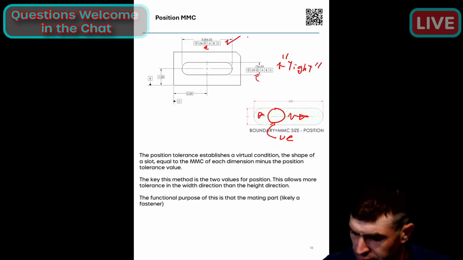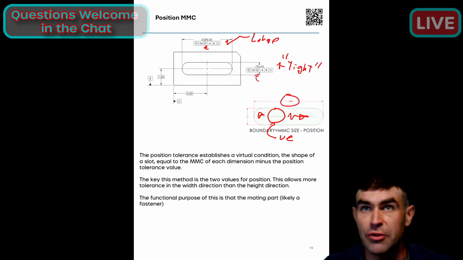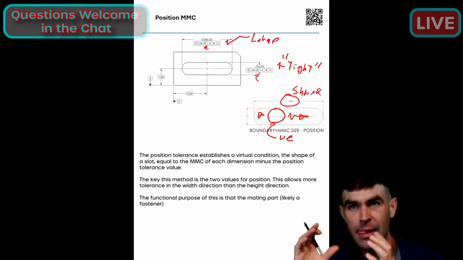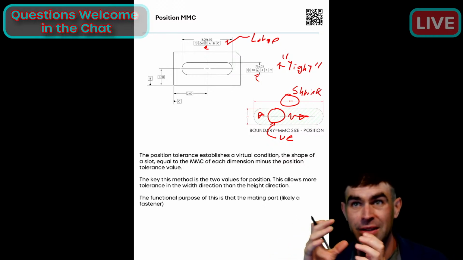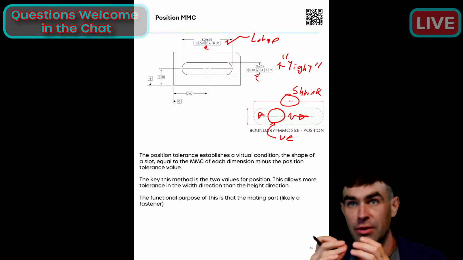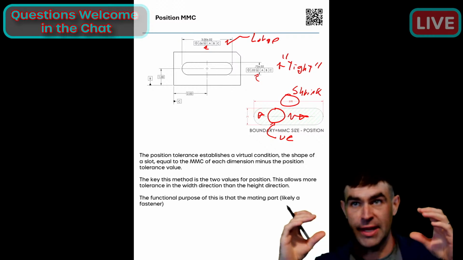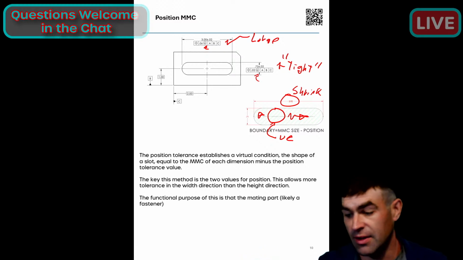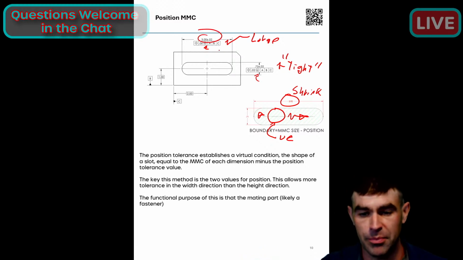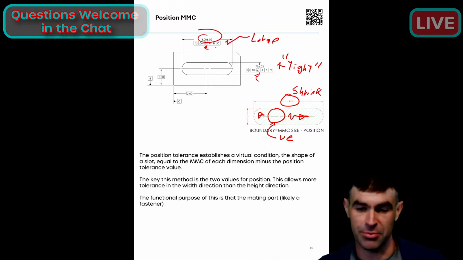So we give a large tolerance here, and effectively what that's just going to do is shrink this dimension, right? So if you think about it, your gauge is physically going to be smaller, which allows a greater variety of lengths of slots, right? Because this dimension stays the same. Well, you could make this dimension bigger or smaller.